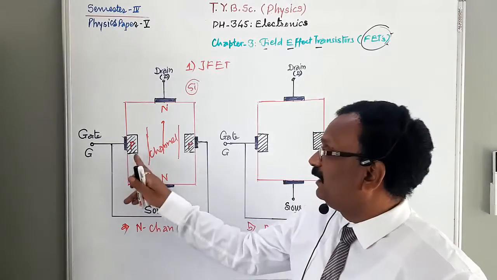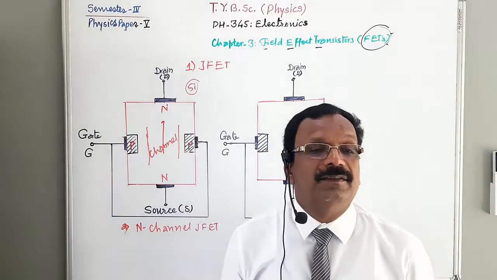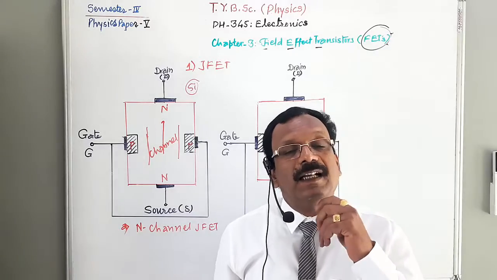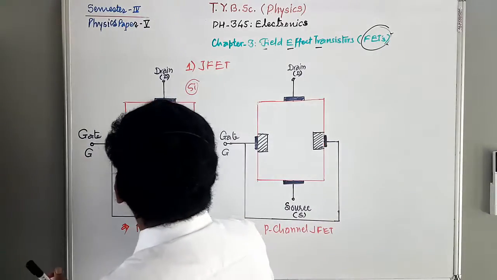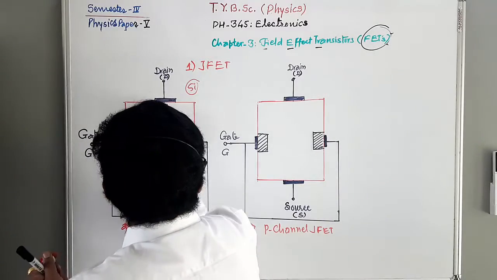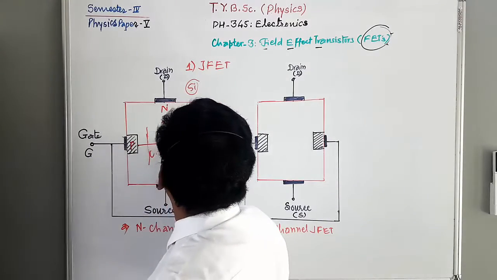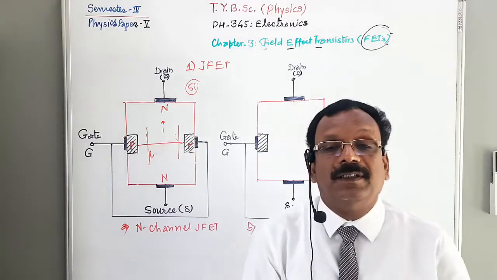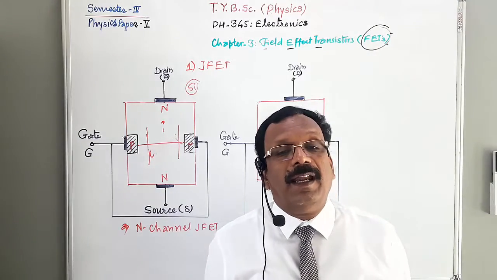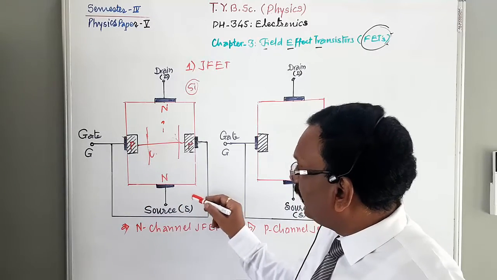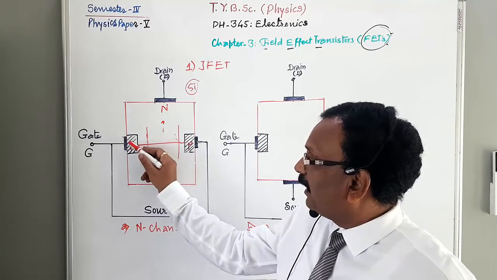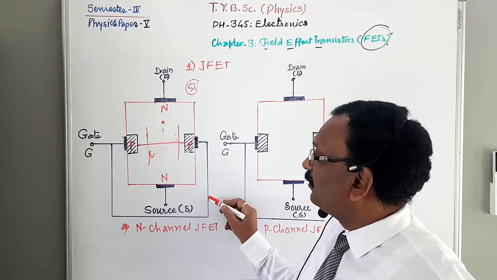Both the P regions, this P region and this P region, are connected internally. Looking like this, connected internally, and a single wire. We can see that these are connected by this line.